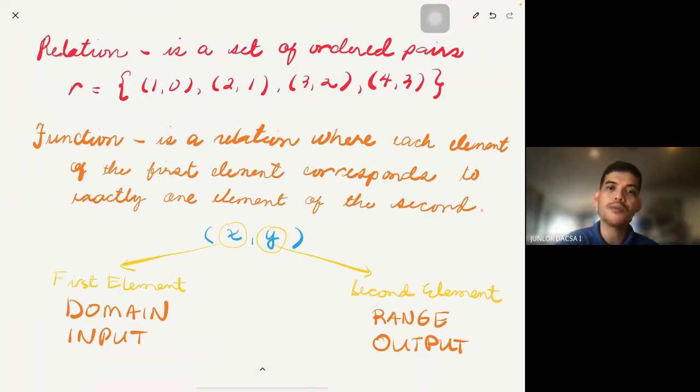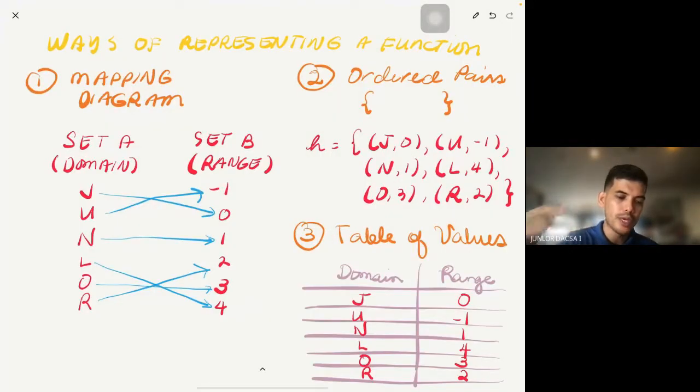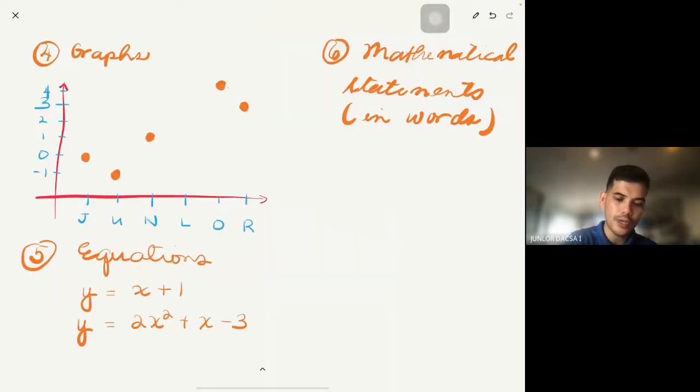The first element, we call that domain or input. The second element, we call that range or output. Okay? And of course, ways of representing a function are through mapping diagram, ordered pairs, table of values, and then graphs, equations, and mathematical statements or in words.